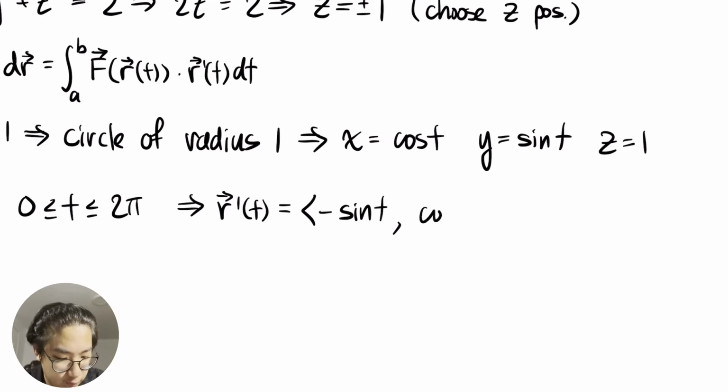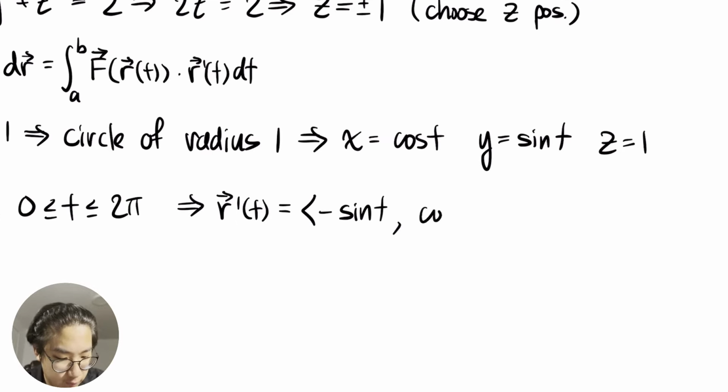So we then have f of r of t dotted with r prime of t. Our function f is this right over here. We're basically just going to plug in cos t, sine t, and 1 for x, y, and z respectively. The first part is xz, so cos t times 1, which is just cosine t.